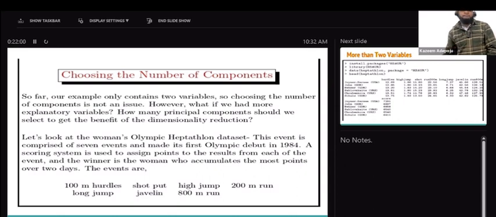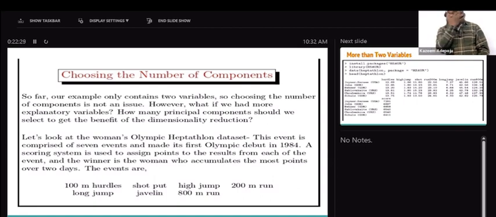Because of that, I'm actually going to consider an Olympic event, the heptathlon. I don't know whether you've watched the Olympics, where you basically see one person running different kinds of races, like they're going to partake in 100-meter hurdle, shot put, high jump. I think that was introduced in the 1984 Olympics.